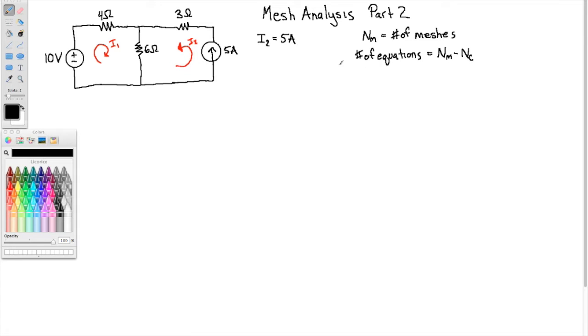That's the modification here. So we have two meshes and one current source, so we need one equation.